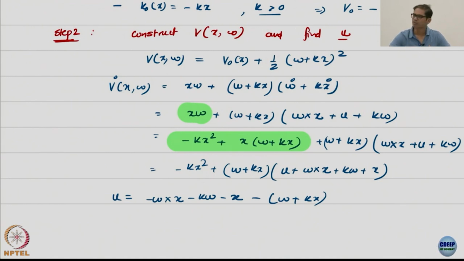Okay, and we'll try to understand. Basically, any CLF based design, by the way, not in general. If you prove or use the LaSalle invariance type methods, which allow the use of semi-definite functions to prove convergence and stability, they will not necessarily give you robustness, not guaranteed robustness.